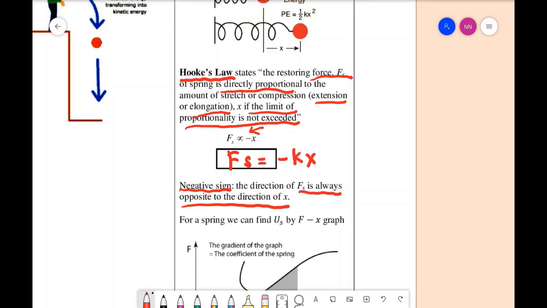In calculation, you don't have to put the negative sign; you can just write Fs equals kx. But for the definition, you have to include the negative because the negative represents the direction of the restoring force Fs, opposite to the direction of elongation or compression.